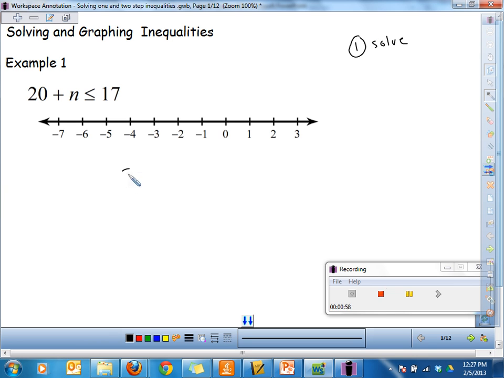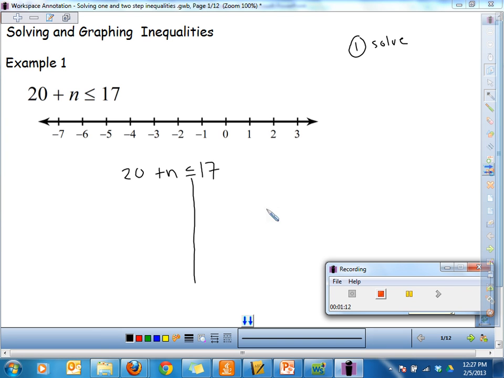So I have 20 plus n is less than or equal to 17. Just like when we solve an equation, I'm going to draw a line down my equal sign. Now my goal is still to isolate the variable. What's happening to n? How do I get n alone? Right now I'm adding 20 to n, so I need to subtract 20.